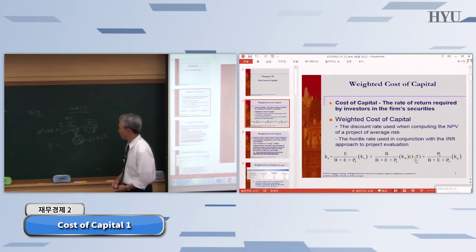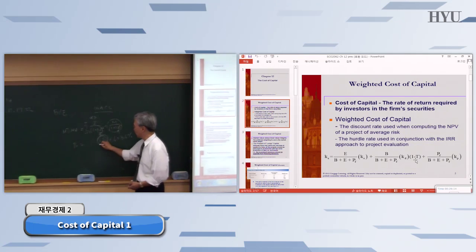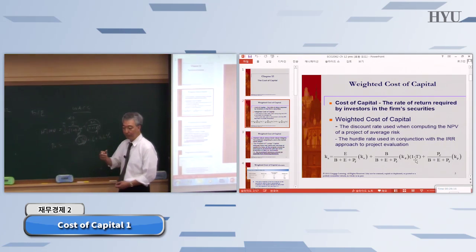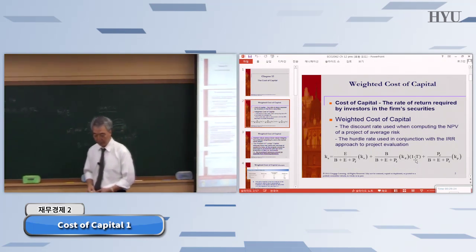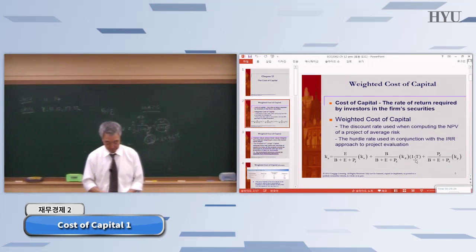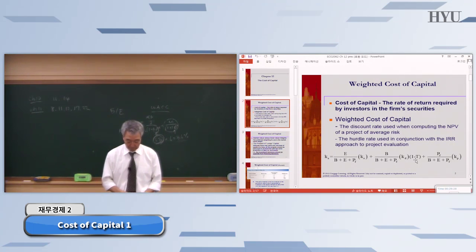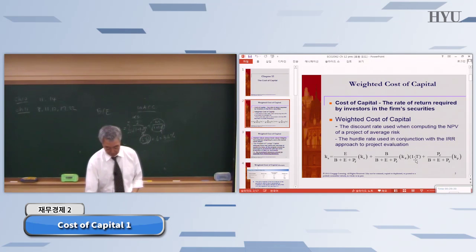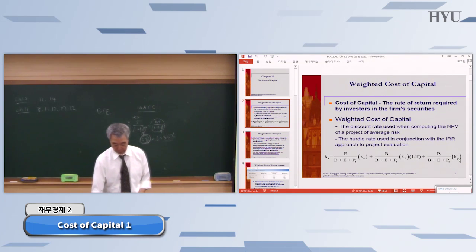So even though you make the 6% interest payment on your debt, the actual real cost is only 3.6%. That's what it is about. And finally, you multiply the proportion of preferred stock by the cost of preferred stock.